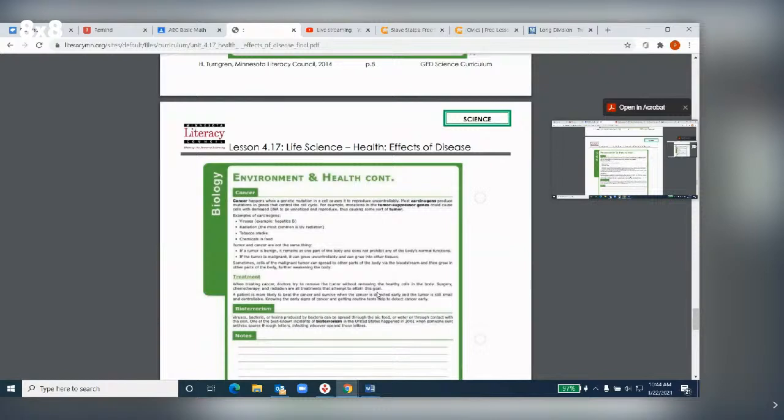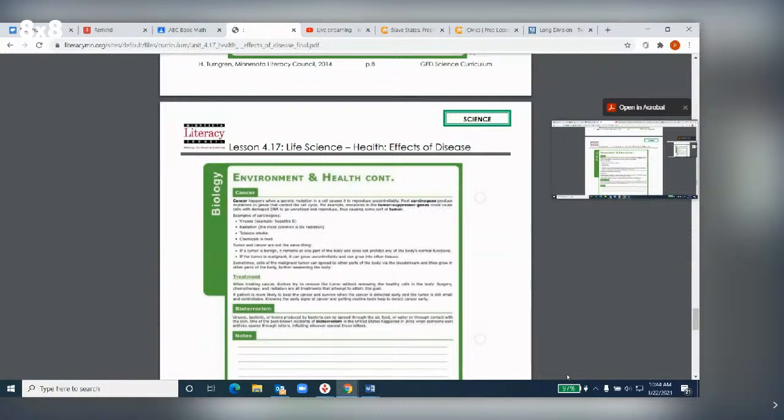So they radiate you, and hopefully it kills the bad cells. Those are the options. It says a patient is more likely to beat cancer and survive when the cancer is detected early and the tumor is still small and controllable. Knowing the early signs of cancer and getting routine tests help detect cancer early.